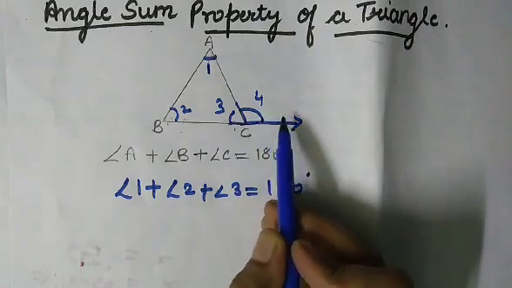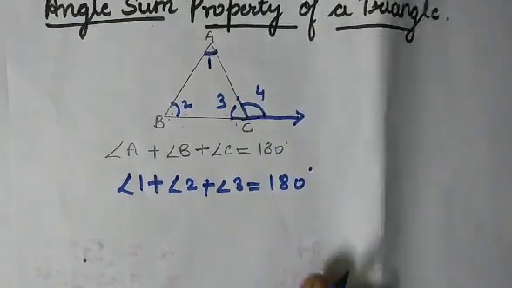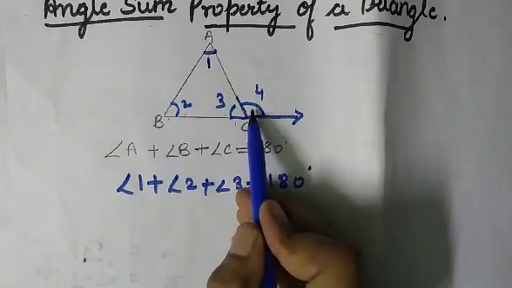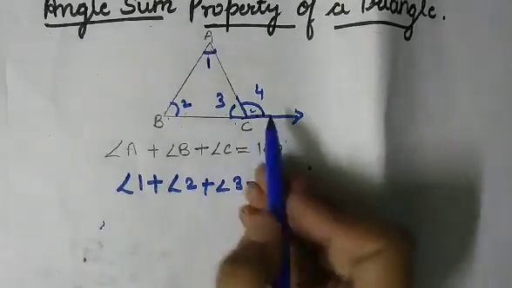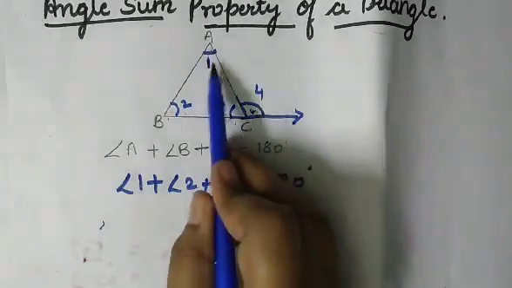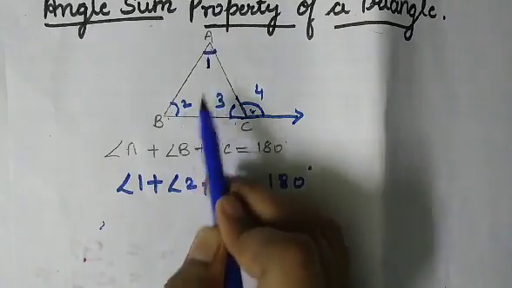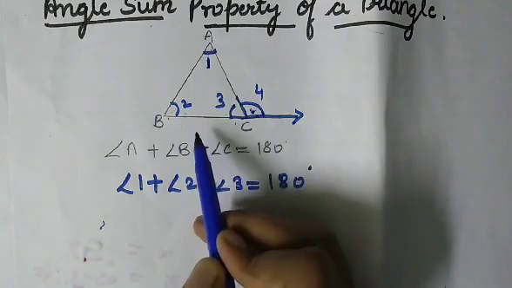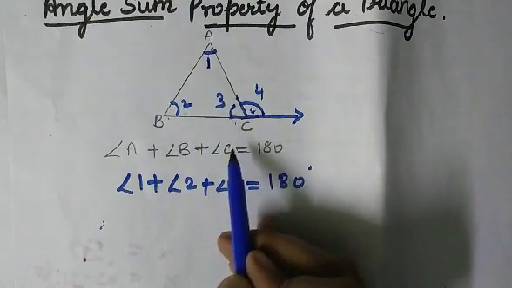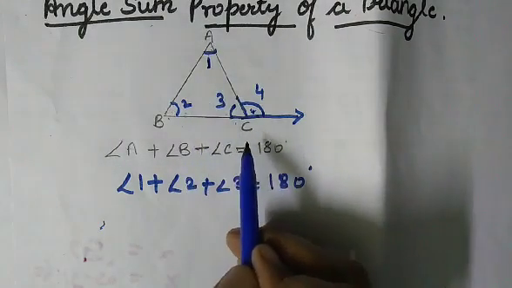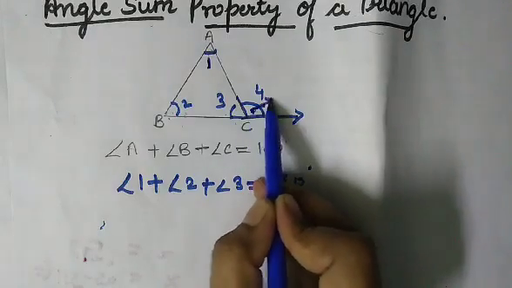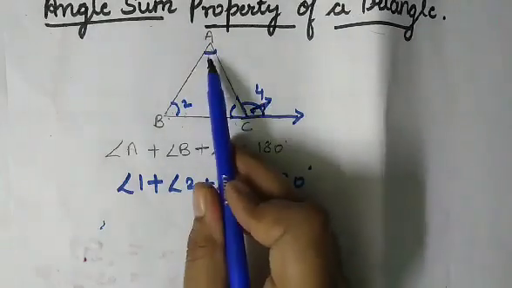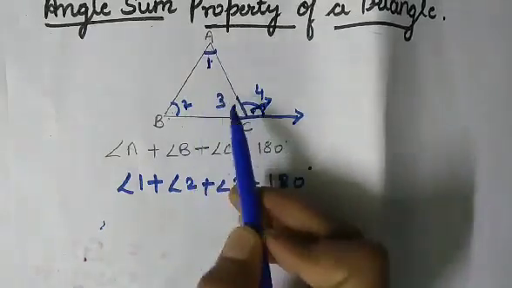Now in the previous lecture, we have learned that this angle 4 is equal to the sum of angle 1 and 2, because of the exterior angle property. Exterior angle property of a triangle says that the exterior angle is equal to the sum of two opposite interior angles.